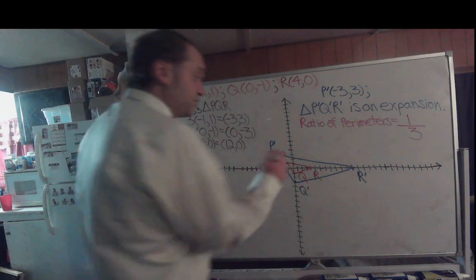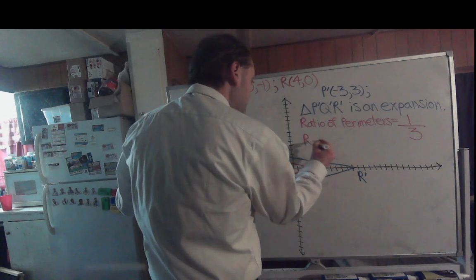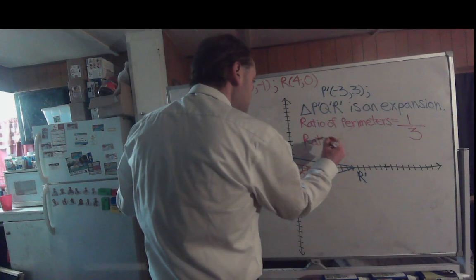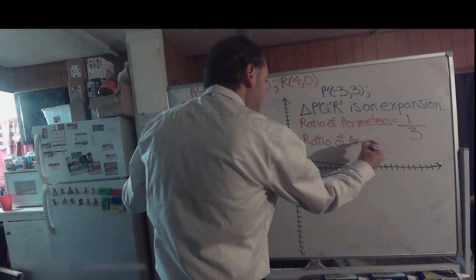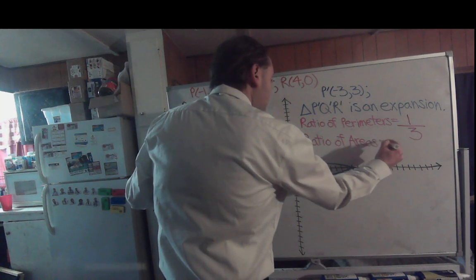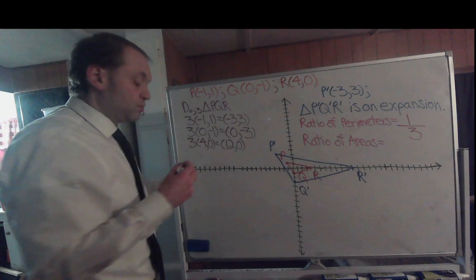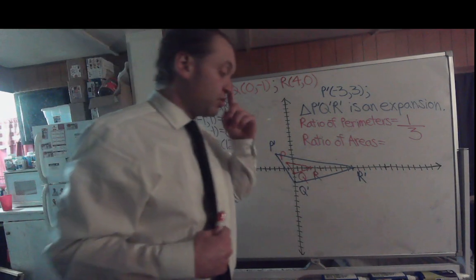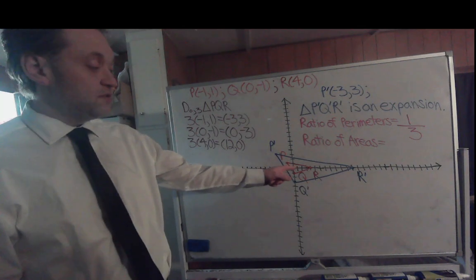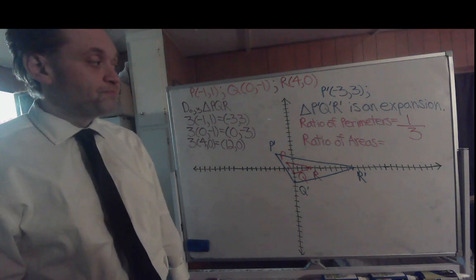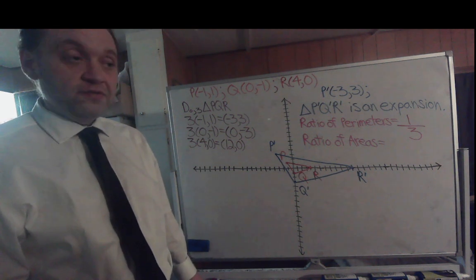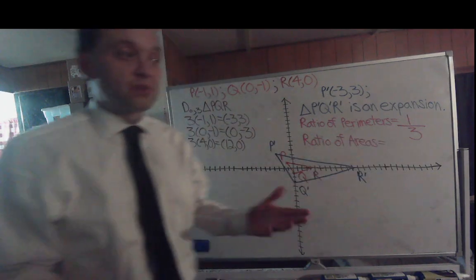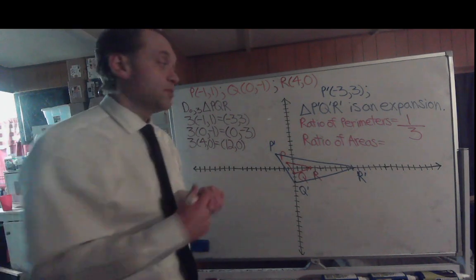So then what's the ratio of the areas? What is the ratio of the areas? Well, if the perimeter ratio is the same as the scale factor between the two, that means you just take your scale factor or your ratio of perimeters, because they're both the same, and you square them, right?